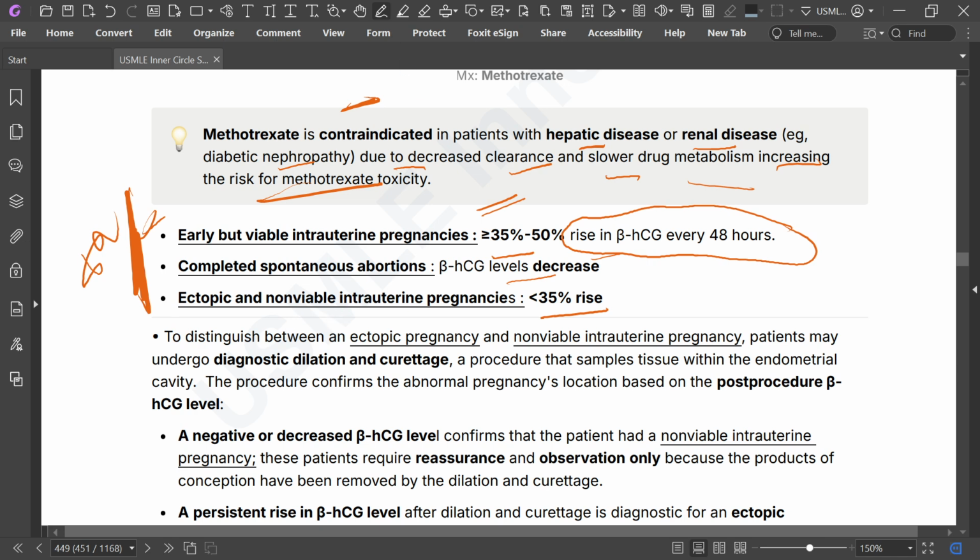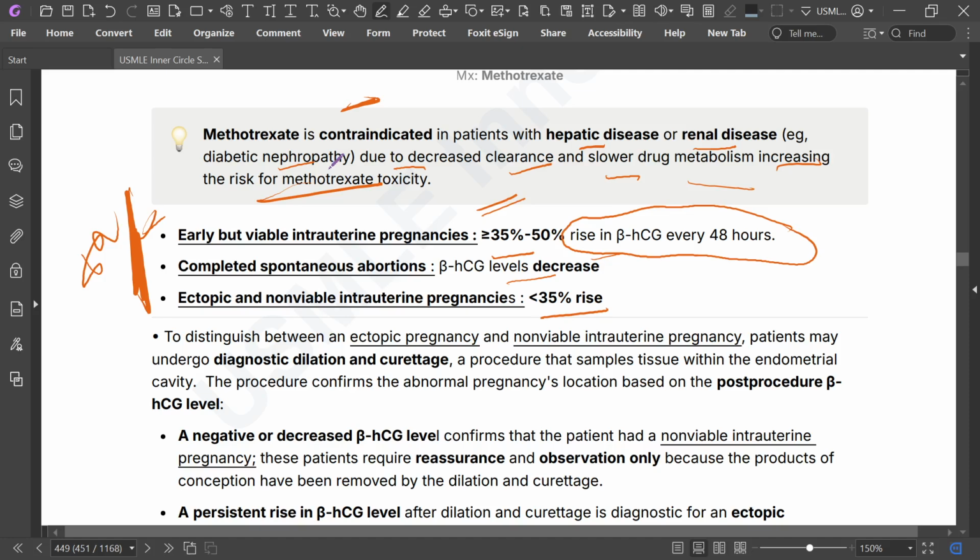Okay, methotrexate. We know that methotrexate is a folate antagonist. It inhibits cell proliferation by interrupting DNA synthesis, and it is one of the treatment options for hemodynamically stable patients with an unruptured ectopic pregnancy. But not every patient is eligible for methotrexate therapy.